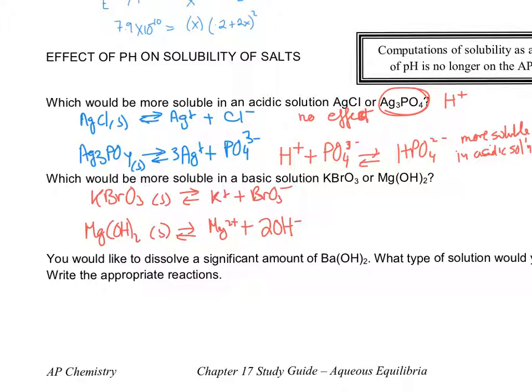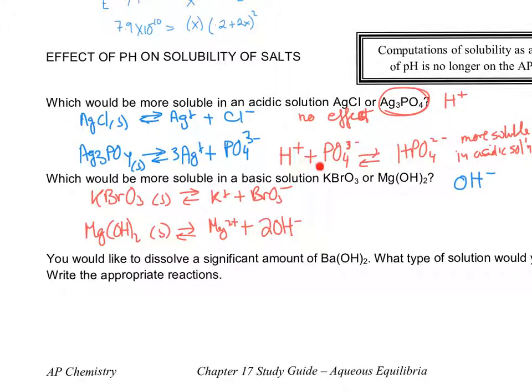So let's look at this one. When I add this to a basic solution, I have plenty of hydroxide swimming around. So let's look for common ions. OH minus, no common ions for this one. Let's see if it would react with anything.